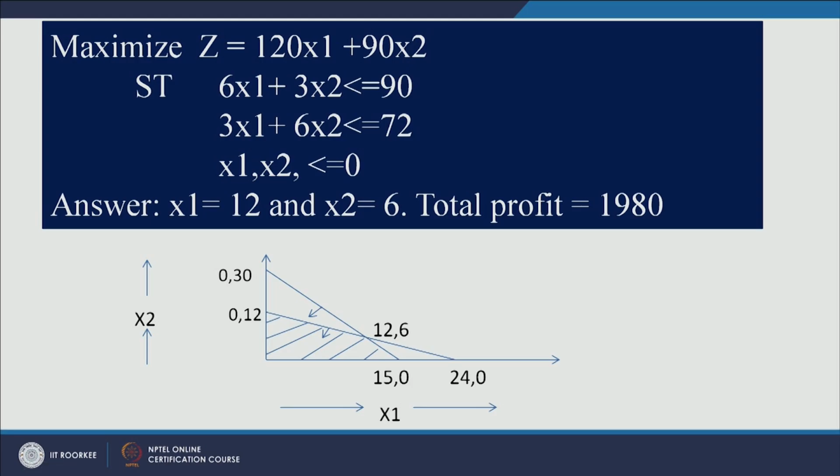But you cannot do so because you have some constraints, and the constraints are on assembly time and finishing time. So this is your constraint on assembly time. 6x1 plus 3x2 should be equal to or less than 90. Because you have 90 hours available in the assembly process, either you consume the entire 90 hours or less than that.